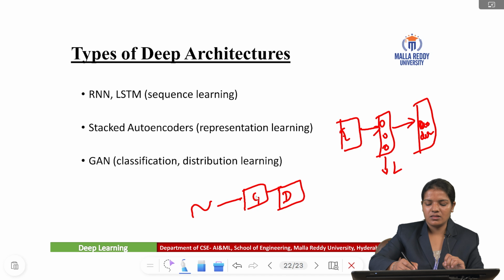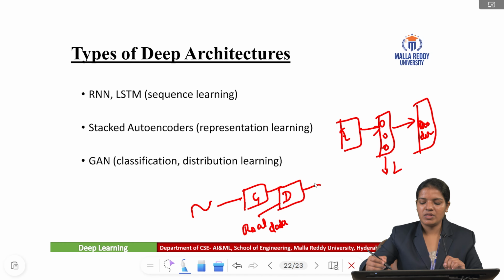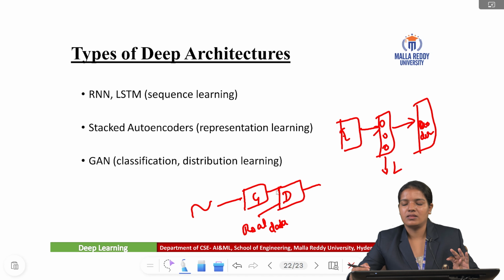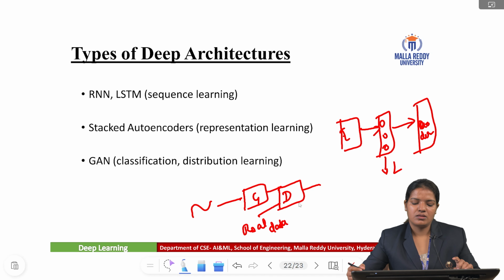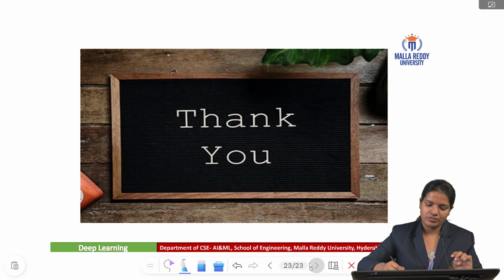The generator's job is to generate the data, and the discriminator discriminates the data, or finds the difference between the generated and the real data. Based on this, classification can be performed, or distribution learning can also be performed.